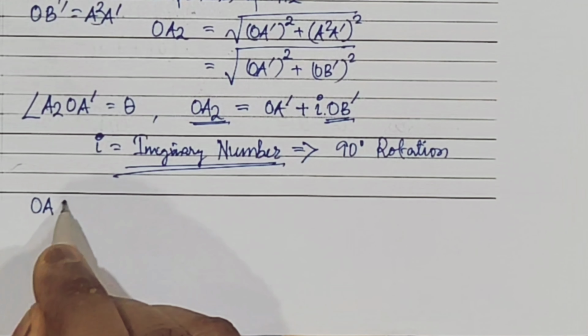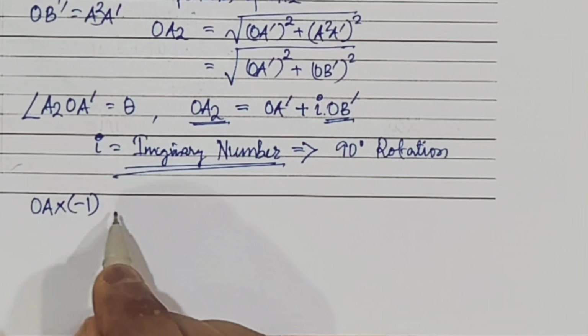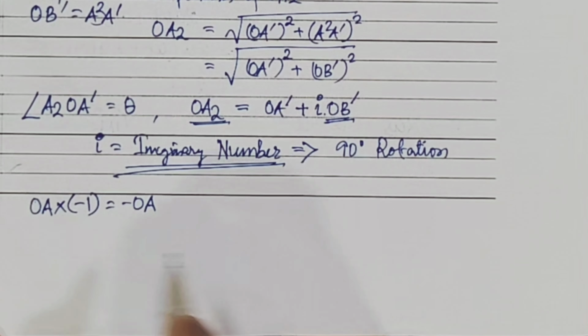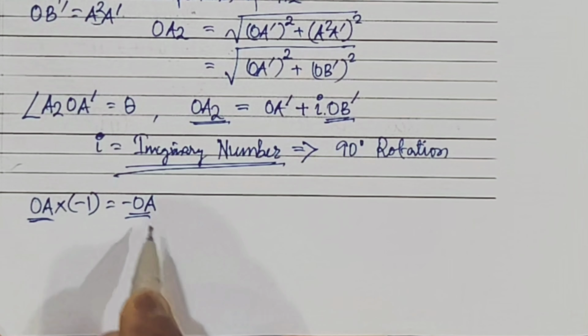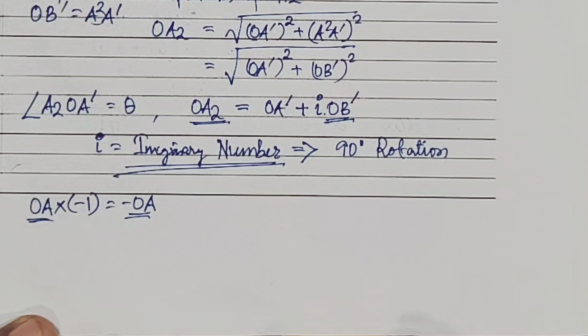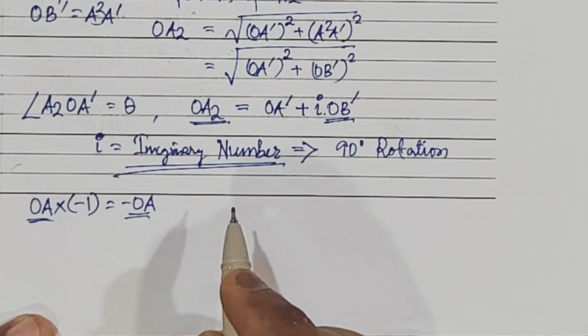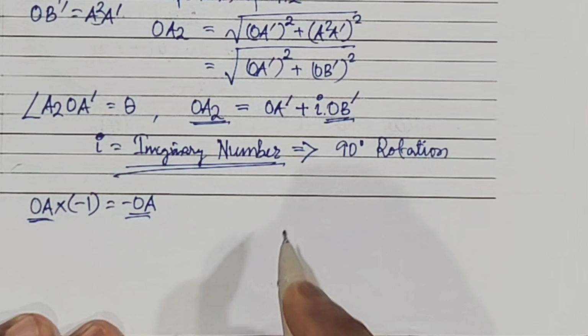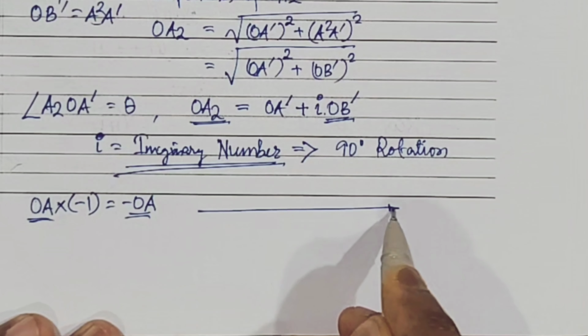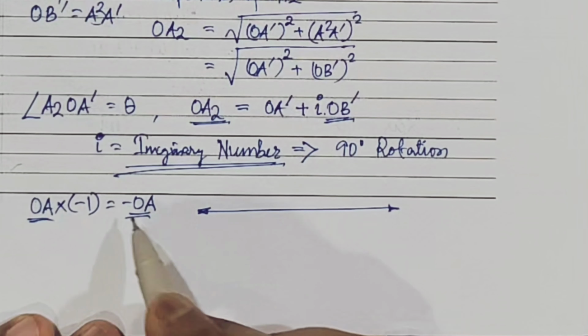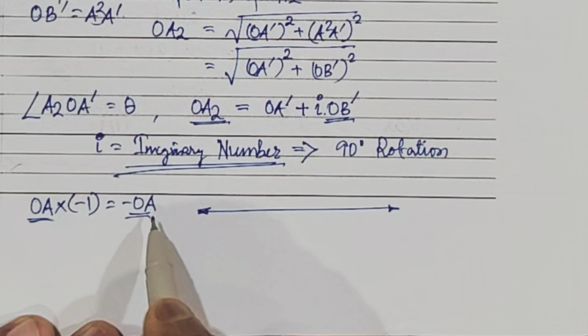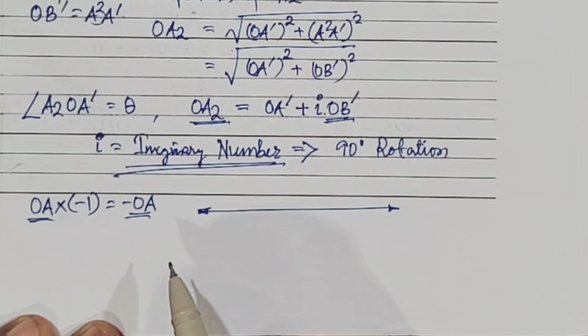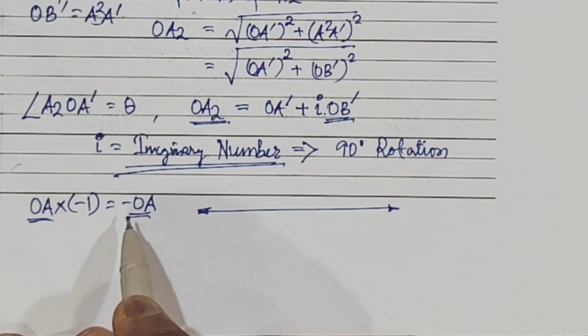What happens when you multiply that by minus 1? It becomes minus OA. Now, if I try to represent these two numbers, OA and minus OA, onto the number line, it looks something like this. I do not go by this rotation of minus OA. It's actually a scalar quantity that I'm talking about. Just for the sake of explanation, I wrote it this way.